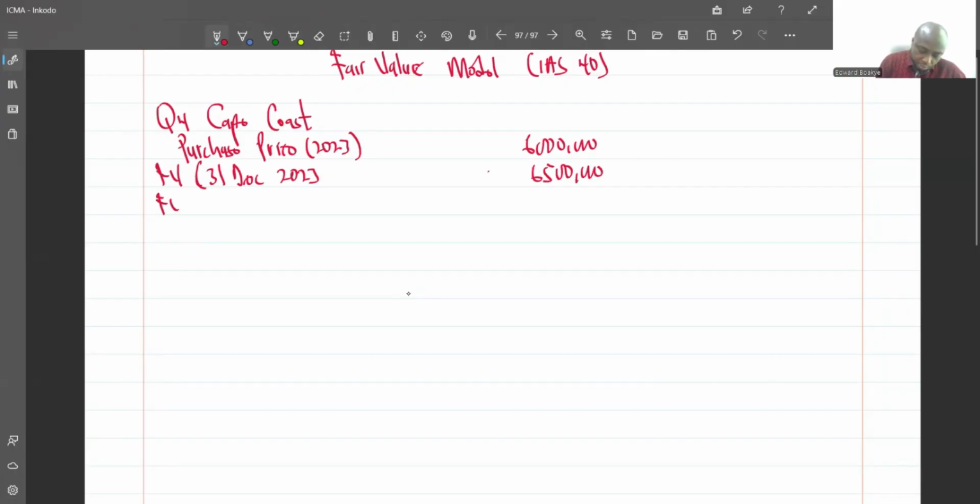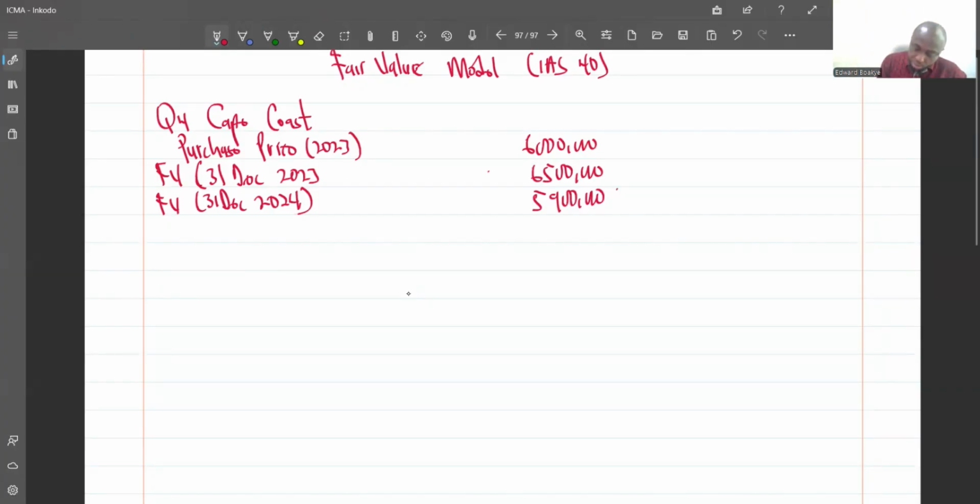And then the fair value as at 31st December 2024 was 5.9 million. And we are asked to calculate for what? The fair value gain or loss in the P or L as at what? December 23 and then December 24.